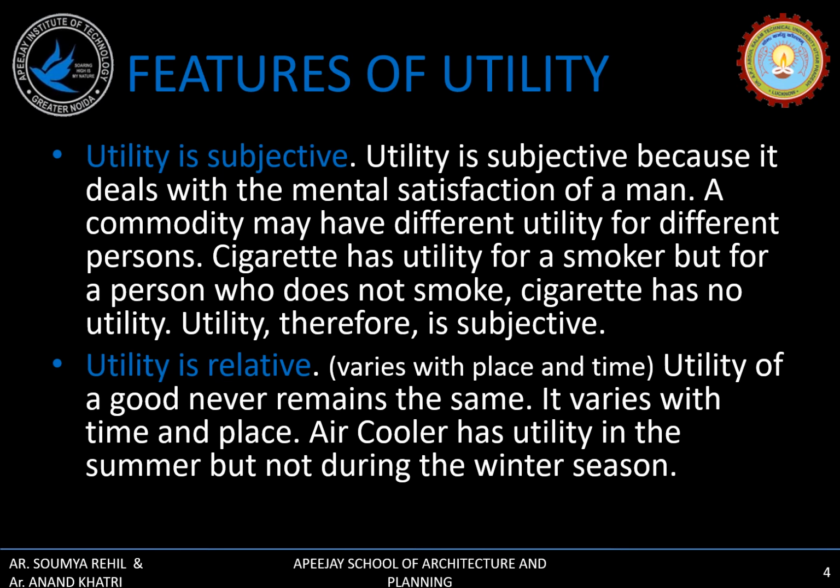A commodity may have different utility for different persons. Let's take another example. A cigarette has utility for a smoker, but for a person who does not smoke, a cigarette has no utility. That's why we say that utility is subjective.